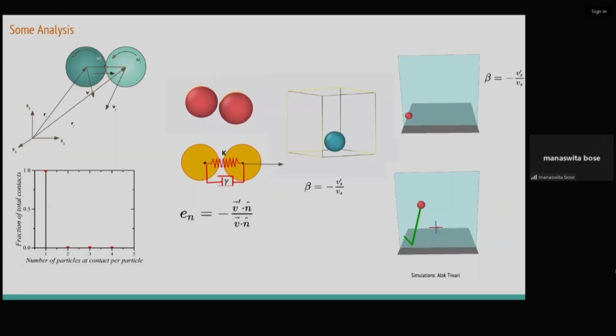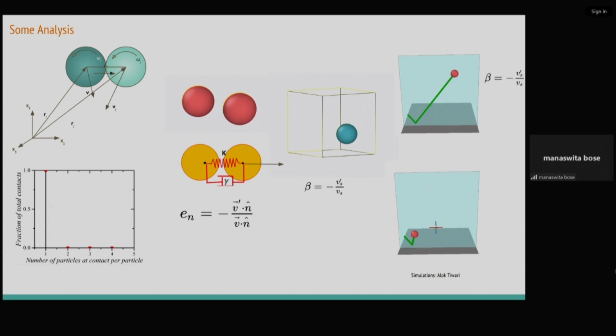We can calculate en, which is what we have supplied. What we can get is beta. Beta is the rotational coefficient of restitution, that is the ratio of the post to pre slip velocities. Another important thing that we can get is the number of particles in contact at a given time, the frequency distribution of it. This we can get from the DEM data.